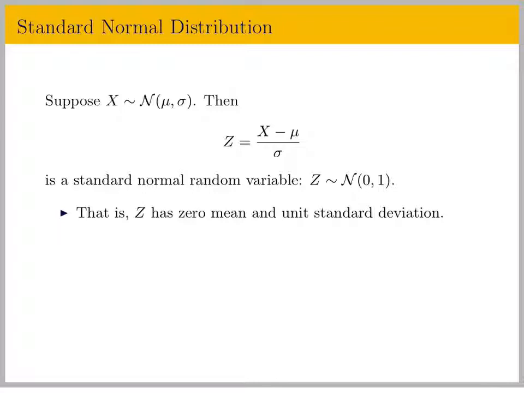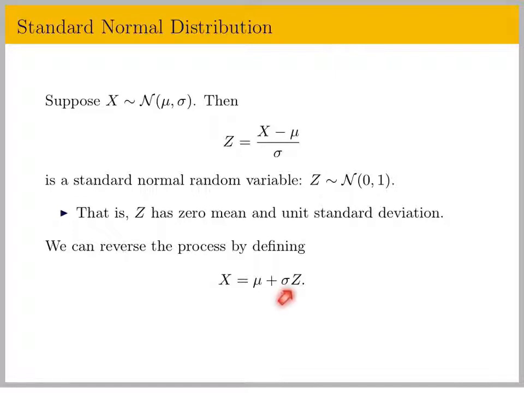We can prove this by saying, well, actually I'm getting ahead of myself. I'm going to prove that on the next slide. But let me say this. We can reverse the process by first saying, what is a normal random variable? Begin with a standard normal random variable right here that has unit standard deviation and 0 mean.